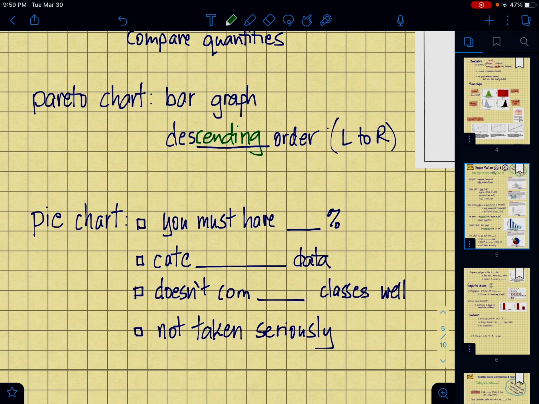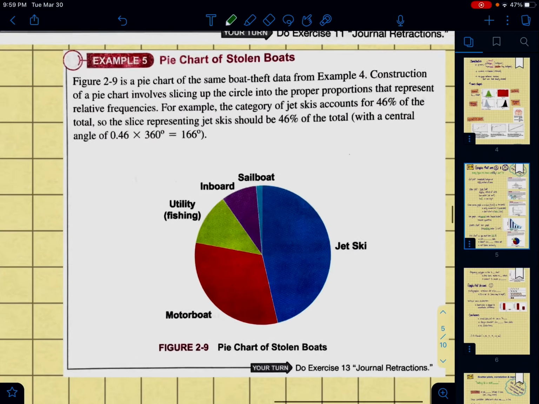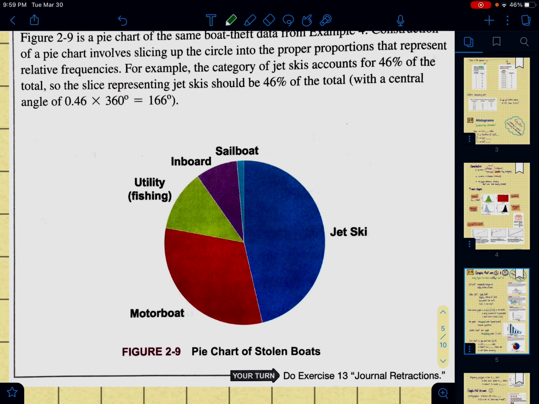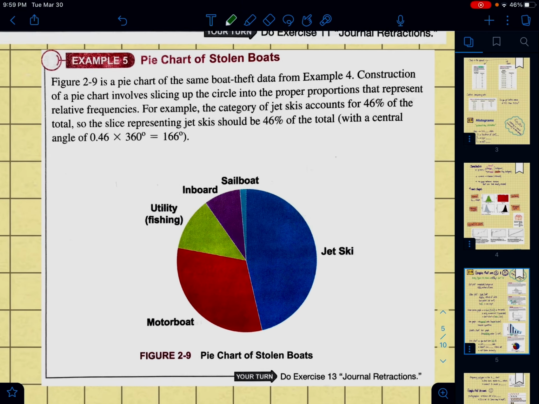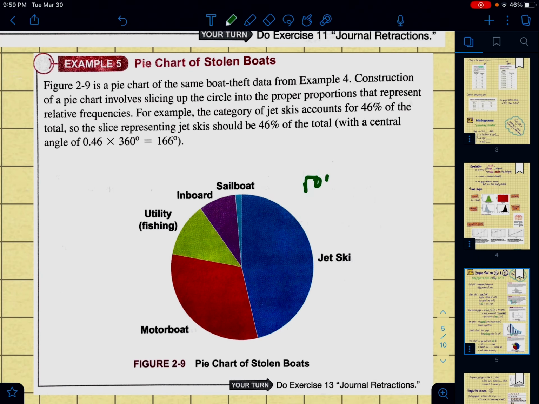Pie charts. Leave the pie charts for the newspaper for many reasons. Number one, you must have 100%. Now, technically, are there other types of boats other than the ones that are listed? Like, are you going to suggest that rowboats or canoes are not stolen?